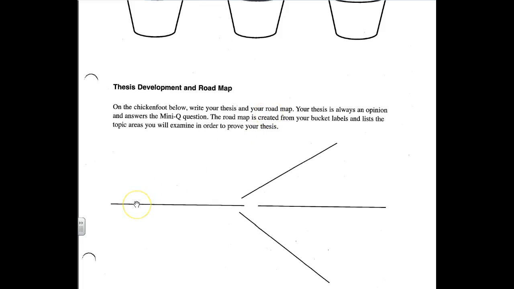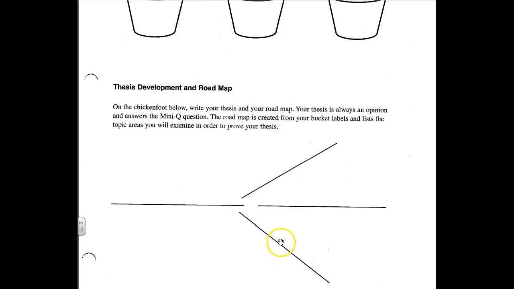Your thesis statement, all of you, should be: the Battle of Gettysburg was a turning point of the Civil War for 3 reasons. That's going to be your thesis statement. And over here on the chicken feet, you're going to have your 3 reasons.